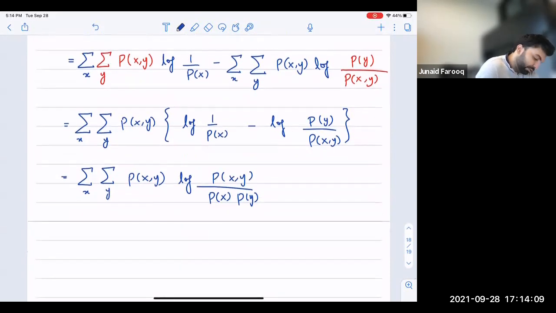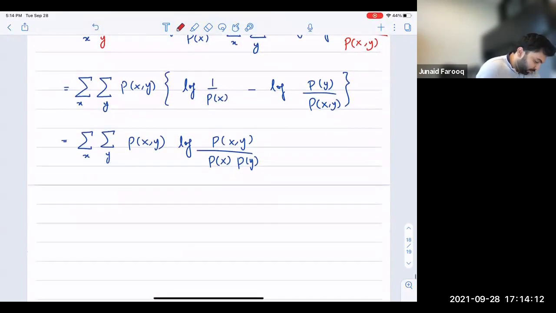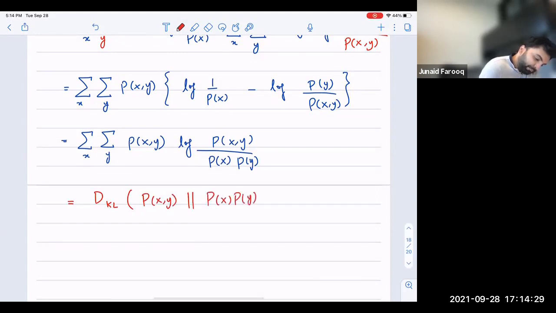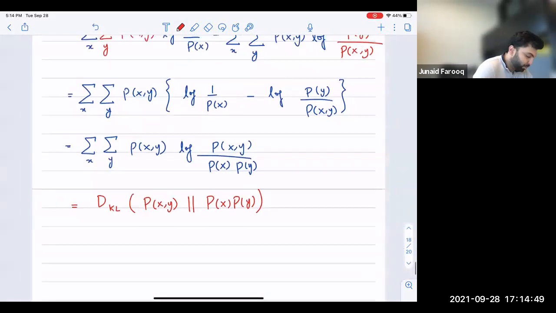Okay. So this is an interesting expression because this is exactly the DKL between the P of X, Y and the P of X, P of Y. Right, so if you consider X and Y were independent, and then you take the distance between the joint distribution and the product of the distributions, you actually get a distance which you can call the mutual information, right?